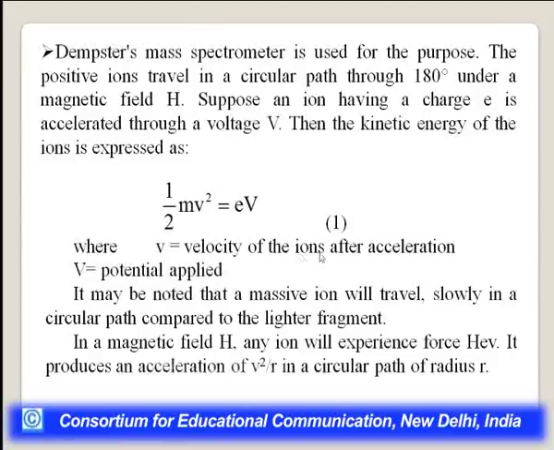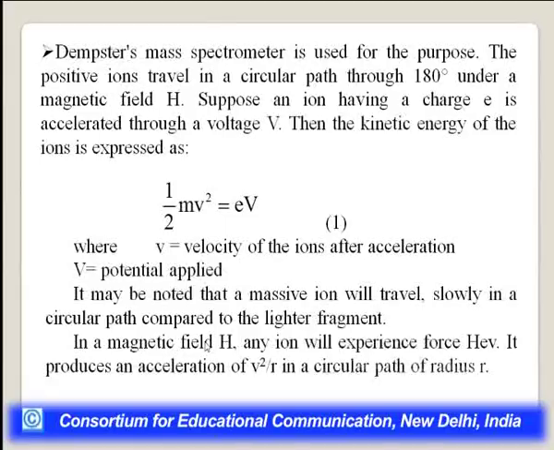Small v is the velocity of ions after acceleration, whereas capital V is the potential applied. It may be noted that a massive ion will travel slowly in a circular path because it is heavy, as compared to the lighter fragment due to its lower mass or molecular weight.